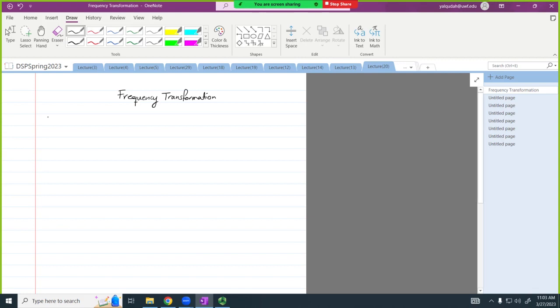So the question we're answering is how to design a digital IIR filter or filters that are not low-pass filters.